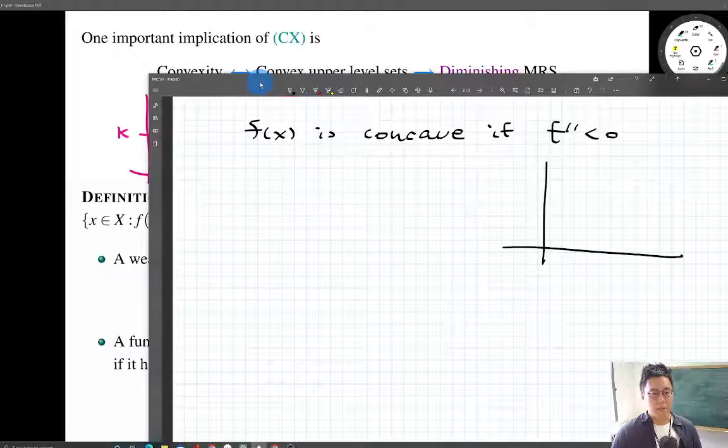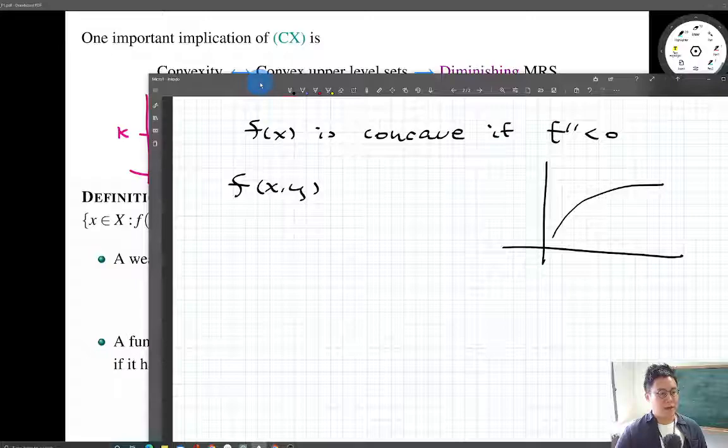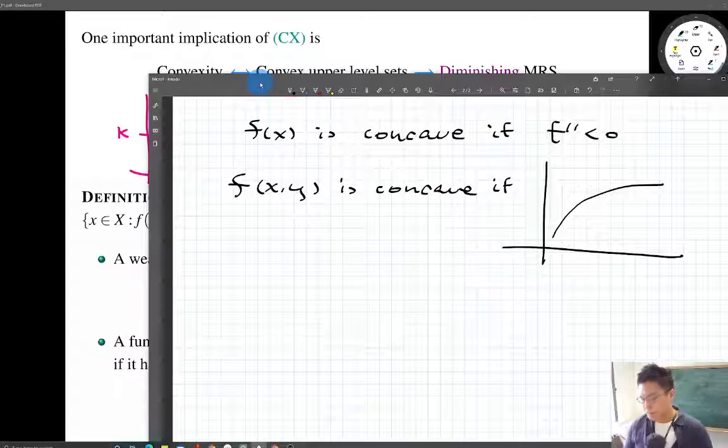So it has this kind of shape, right? And if we have a multivariable function f of x and y, so the function depends on two variables, then it is concave if the Hessian matrix is negative semi-definite.